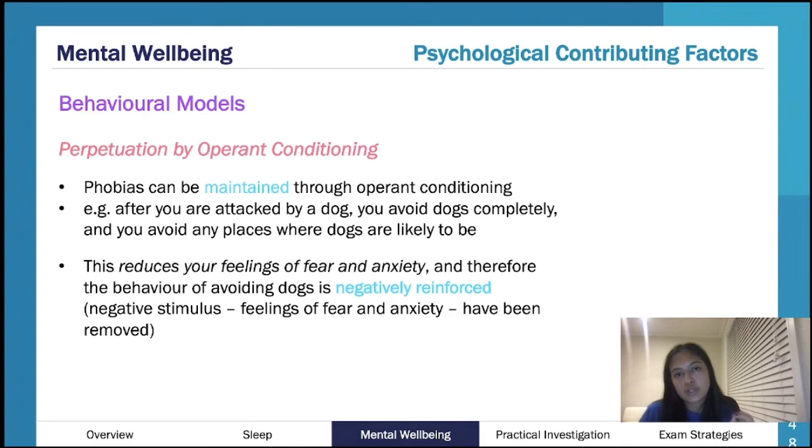And it's negative because you're taking away these feelings of fear. But the idea of why this is being perpetuated is because you're more likely to do these behaviors again and again. And so every time you see a dog, you go the long way around, you run away. So you feel good, right? Because you're not being scared. But this is obviously perpetuating that specific phobia, and that's making the specific phobia worse.